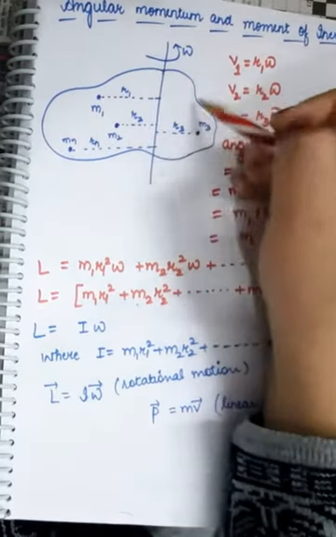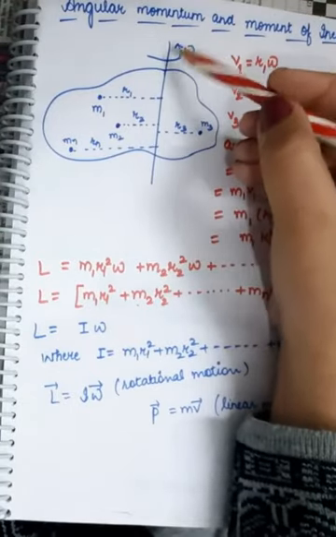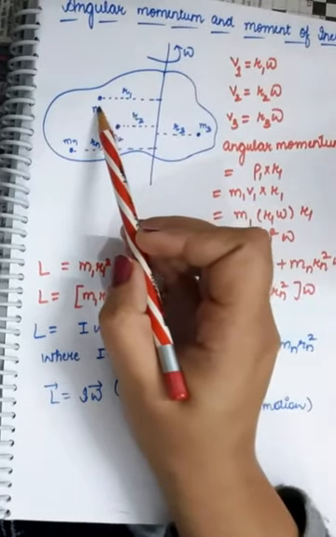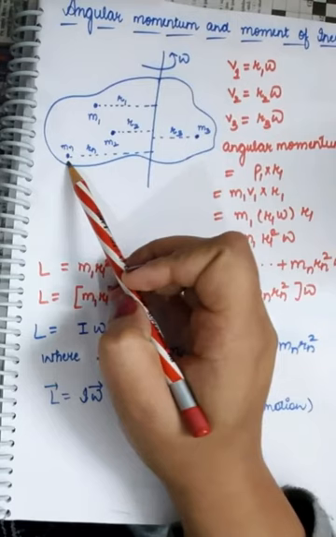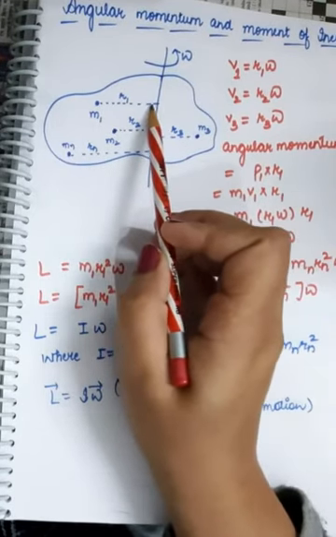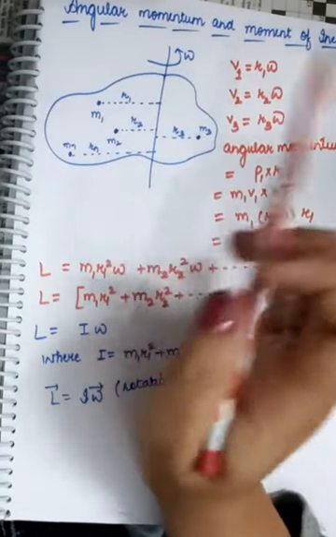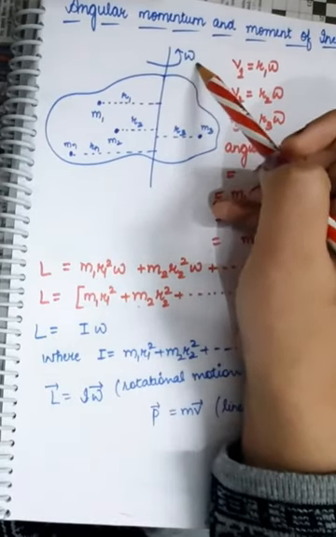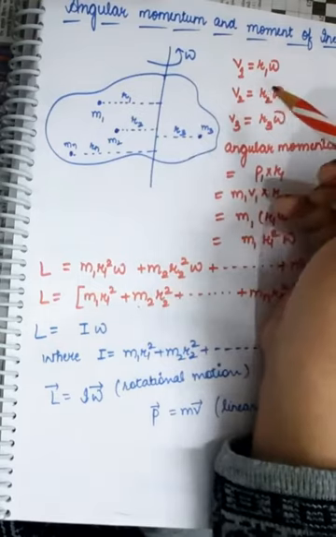Suppose there's some body which is rotating. This is the axis of rotation and these are the masses m1, m2, m3, and so on up to mn. And these are the distances from the axis of rotation, r1, r2, r3, and so on up to rn. Since the body is rotating with an angular velocity omega, there will be linear velocities also.